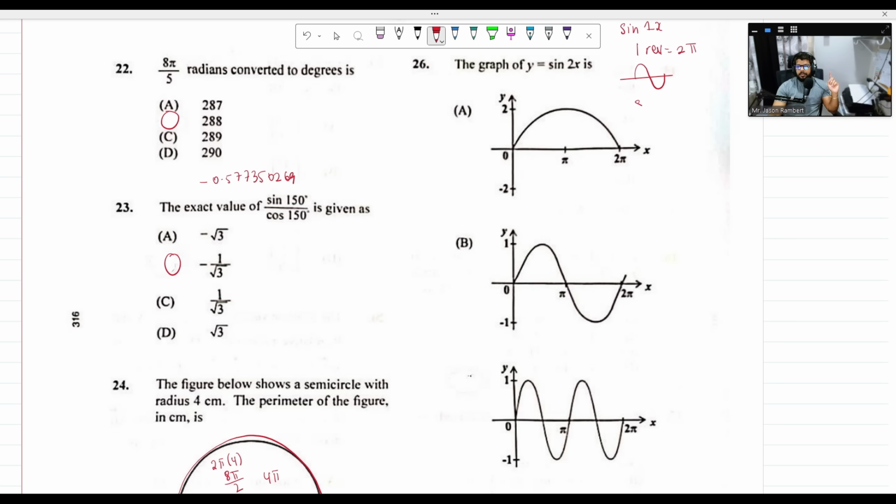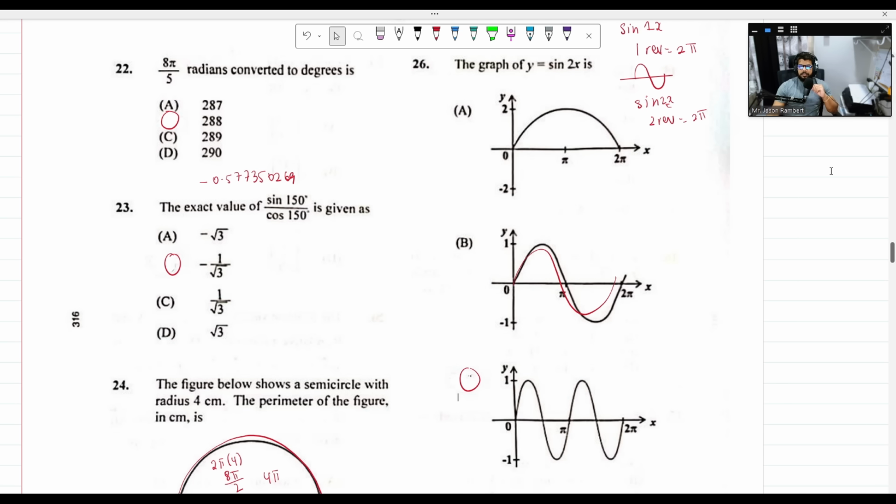Cool? If we have sine 2x, that means 2 revolutions will be taking place in 2 pi. So the number in front of x is telling me how many revolutions happen every 2 pi. Over here, 1 revolution happens in 2 pi. Over here, 2 revolutions happen in 2 pi.